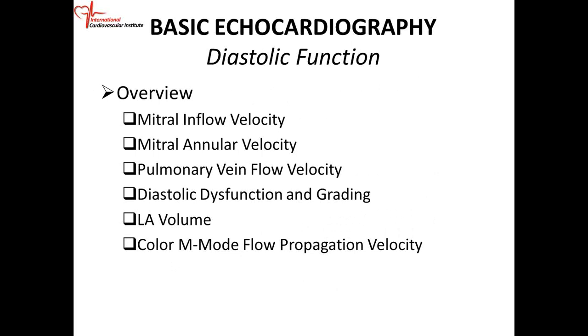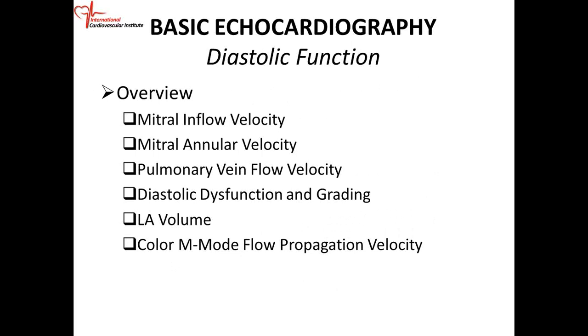In a nutshell, diastolic dysfunction is a muscle disease. It suggests that there's a problem with the myocardium, and one of the earliest abnormalities is in your tissue Doppler imaging. Your so-called E prime velocity is going to be affected.